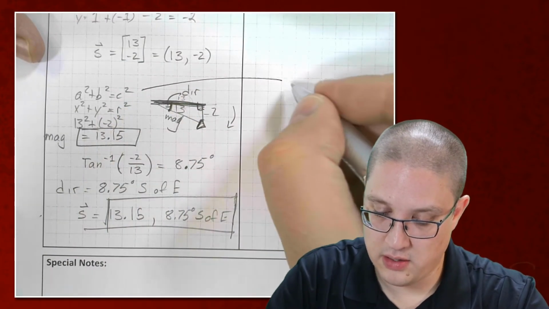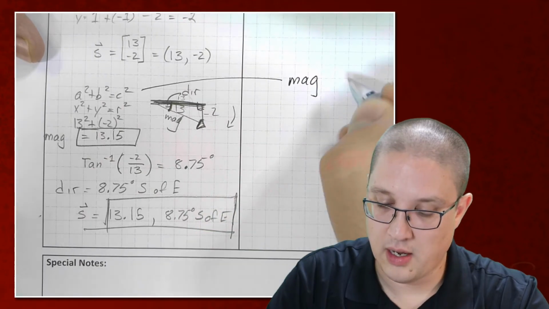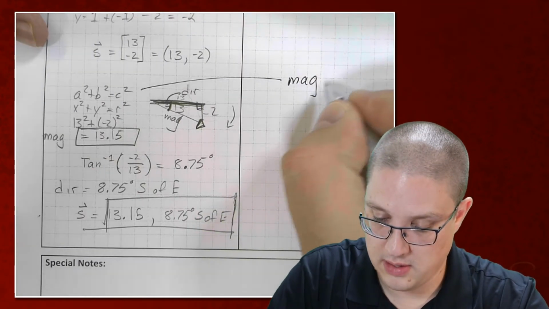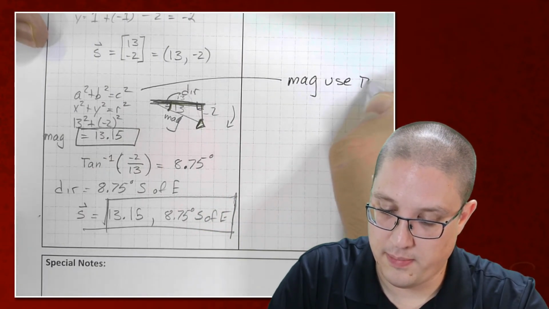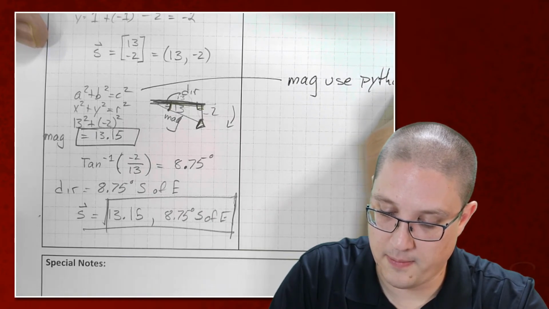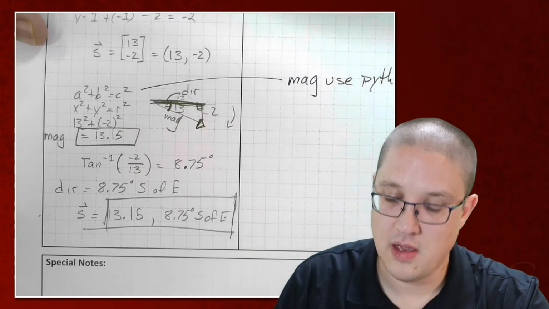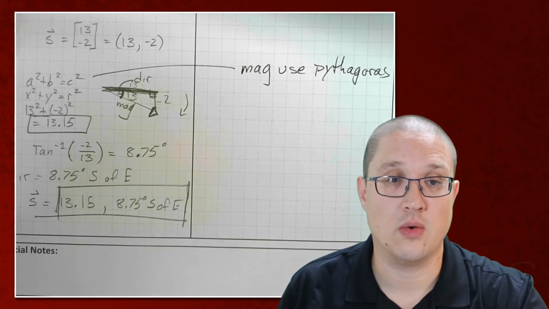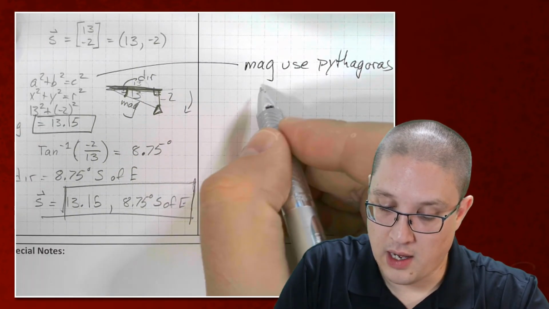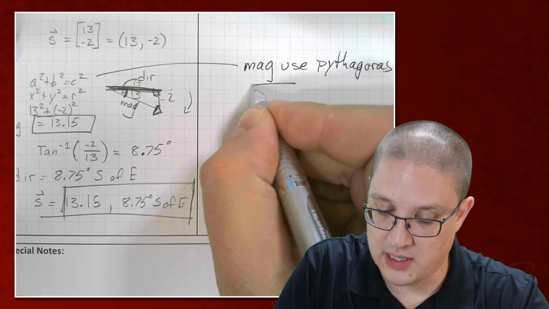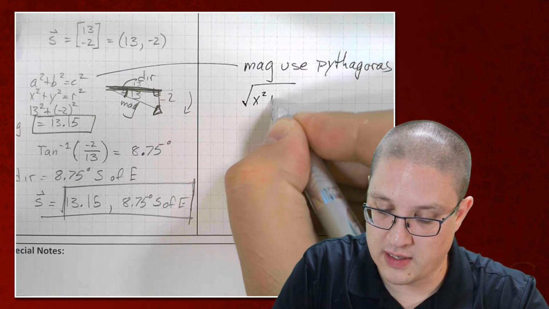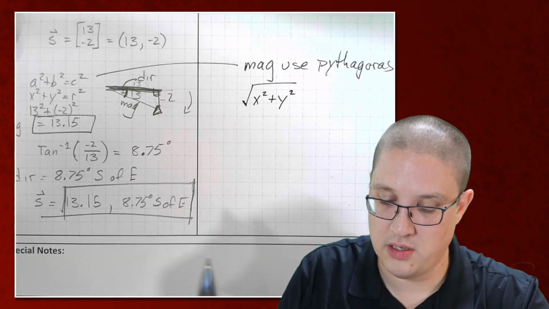All right, other things to note. Note that here, to find my magnitude, I used Pythagoras. So this is a squared plus b squared equals c squared. If you prefer, this actually works out to the square root of x squared plus y squared.